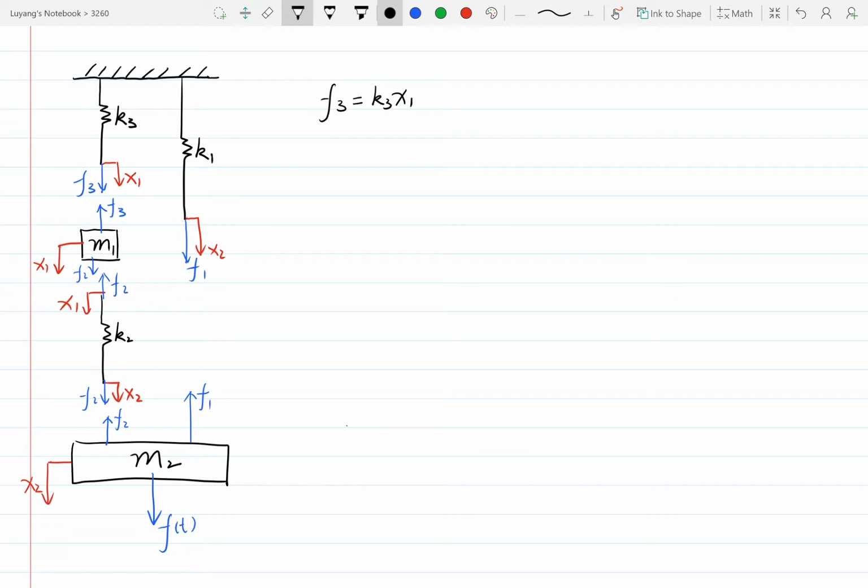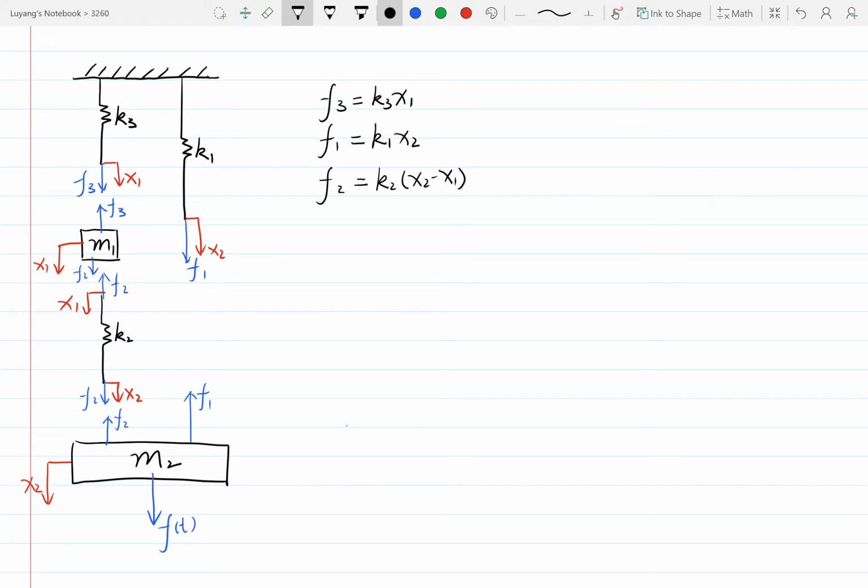And for spring K1, F1 equals K1 times x2. For the spring K2, F2 equals K2 times (x2 minus x1).